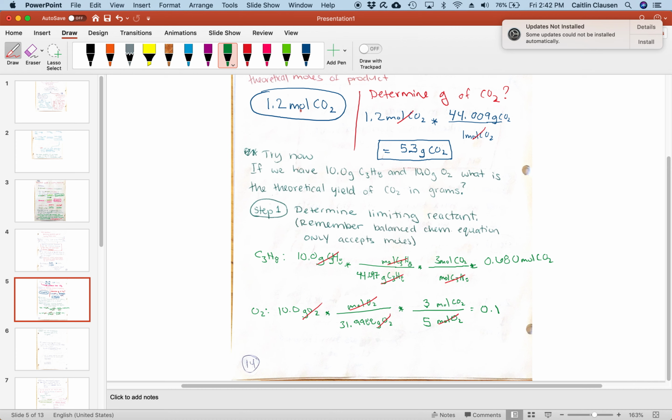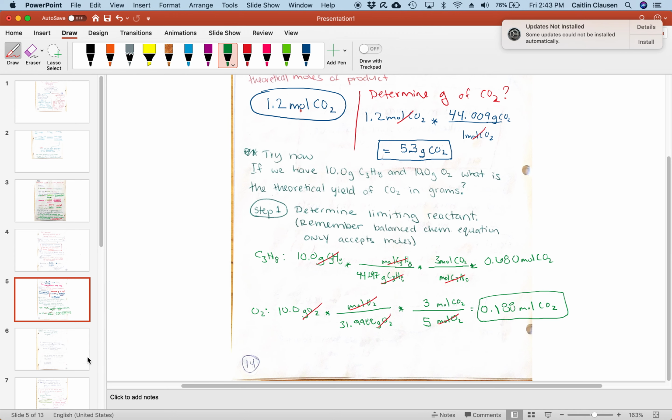Remember, the balanced chemical equations, those are exact numbers. So it should be 3, so it's 0.188 moles of CO2. And it makes sense, oxygen should still be the limiting reactant because we are using the same chemical equation as above.